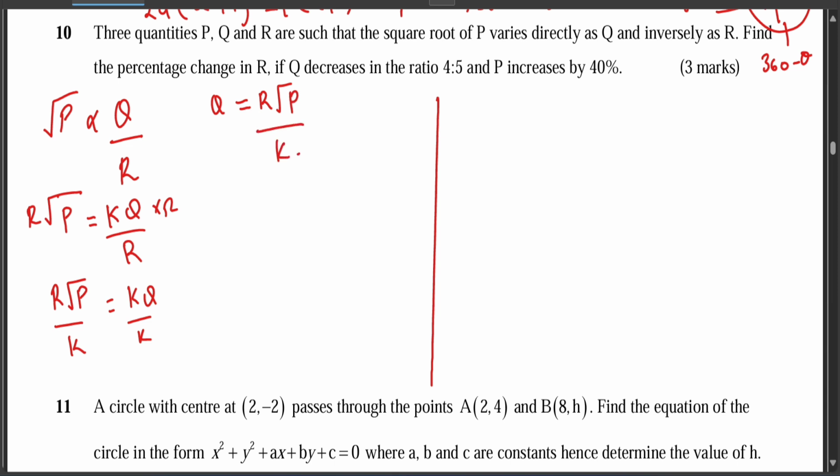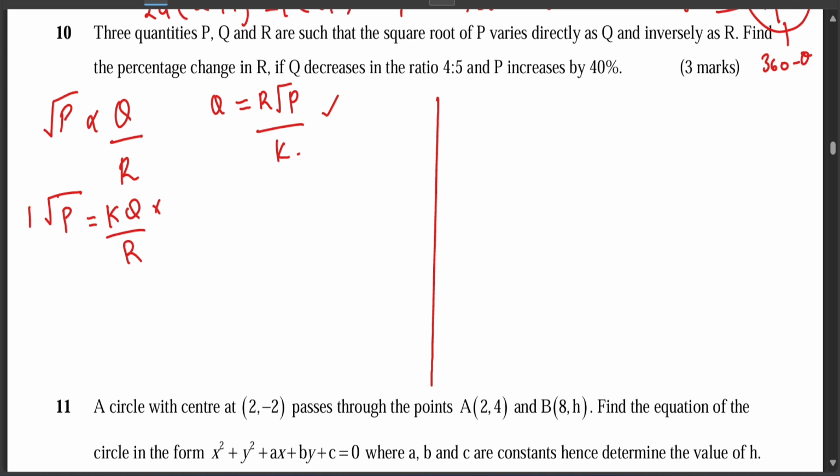Okay, find the percentage change. So this is usually 100%. So if Q decreases in the ratio 4:5 and P increases in the ratio, so which one increases usually? I think it's better to write it like this. Okay, now I've understood how to write it.